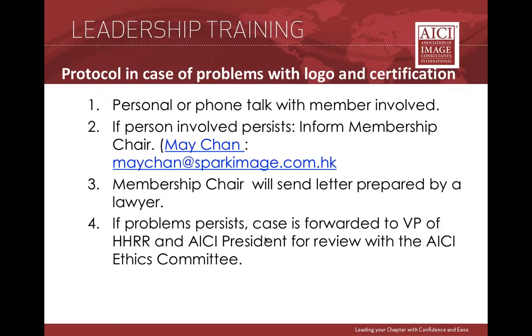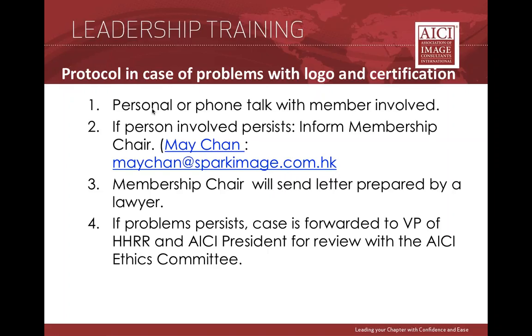What do we do in case this happens? A problem with the logo, a problem with the certification, and things like that. The protocol that we are going to use is, first, if the president or any member of the board, or any member of the chapter, realizes that a person is not doing their job ethically, the president of the chapter has to talk to these people.